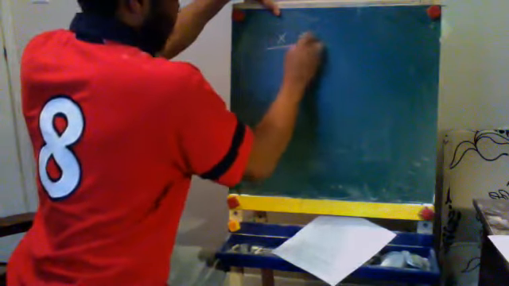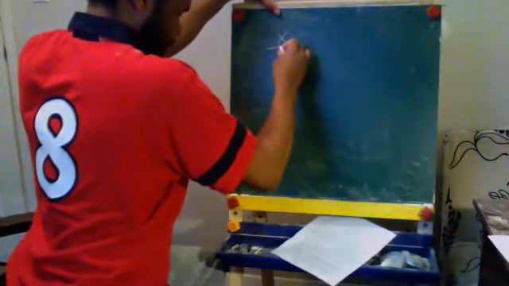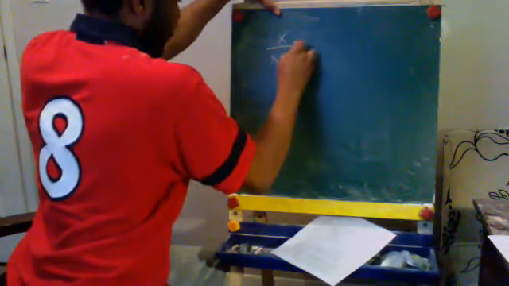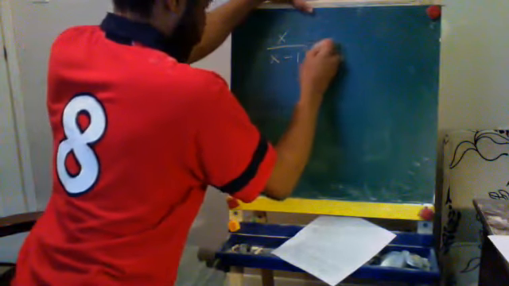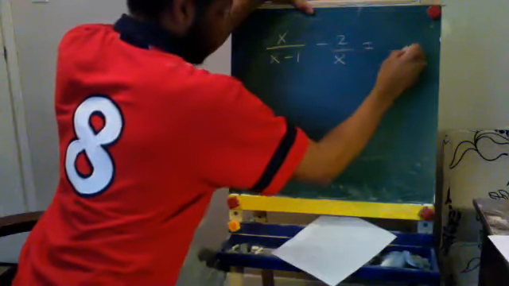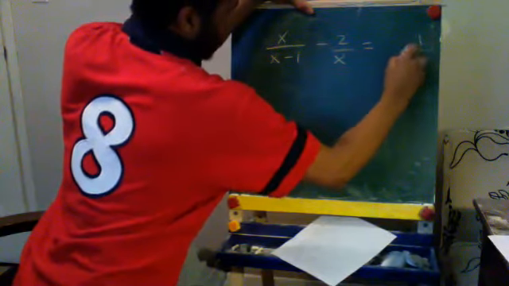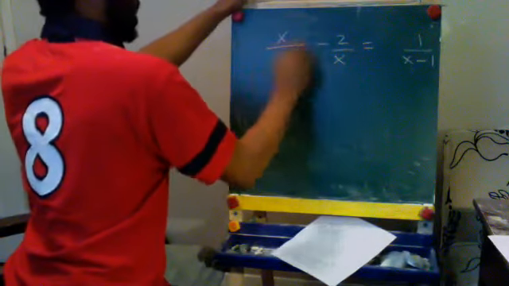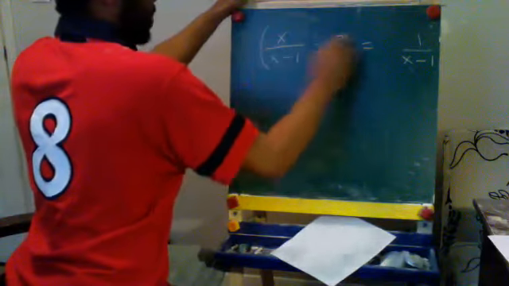The other way to do this is just to go the long process, which is I have x over x minus 1 minus 2 over x is equal to 1 over x minus 1. And so what we want to do here is take the denominators and multiply them, as we've been doing.